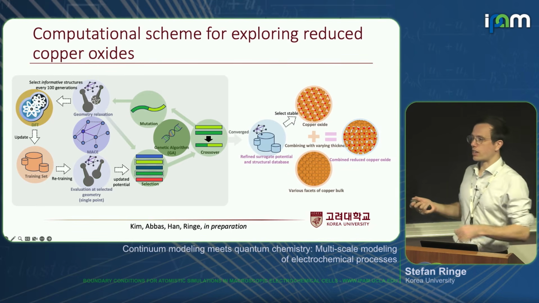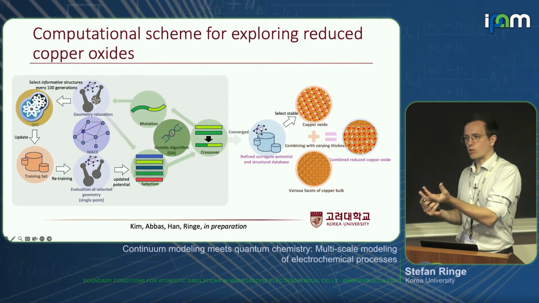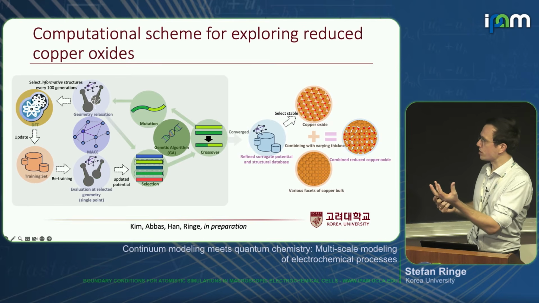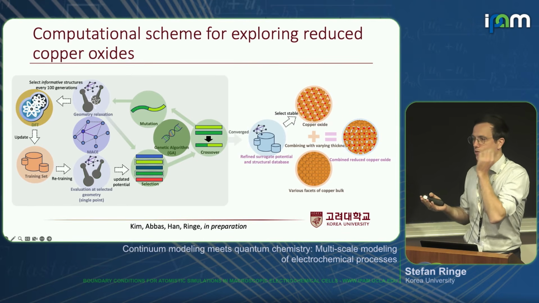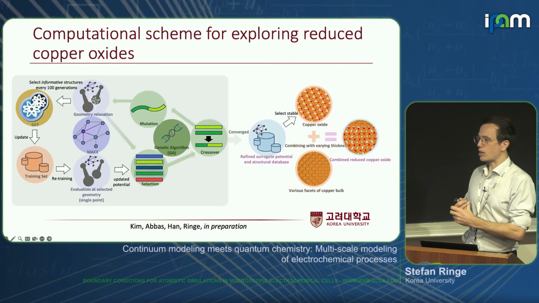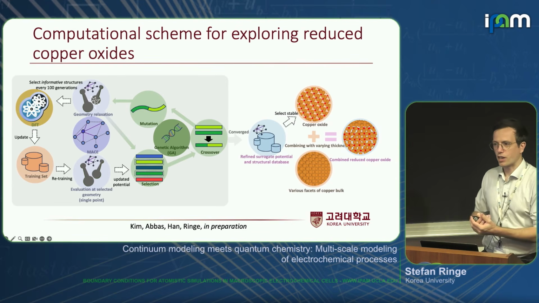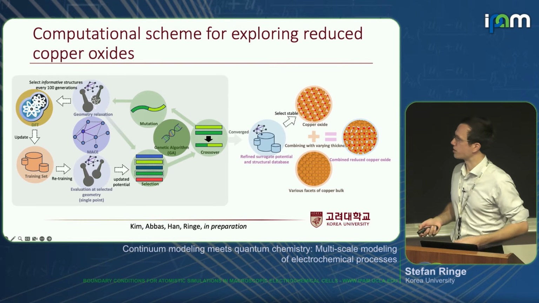And I wanted to understand the process of reduction. So when this Cu2O or CuO crystal reduces, how does the surface structure really change when we look at that? The reason for that is that people found that different oxides give very different electrocatalytic properties.